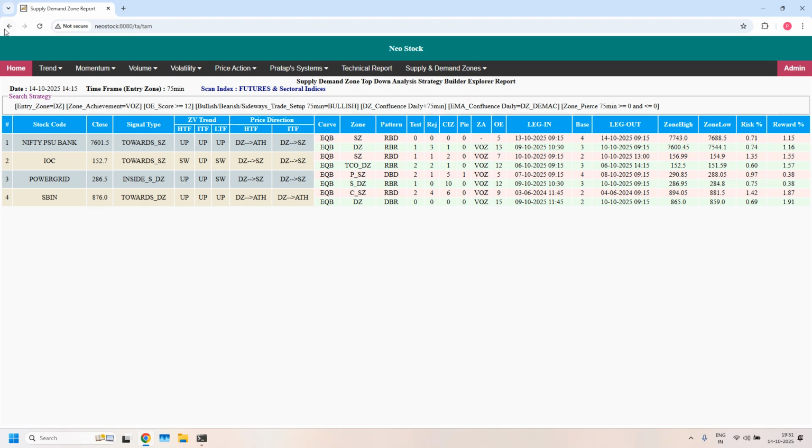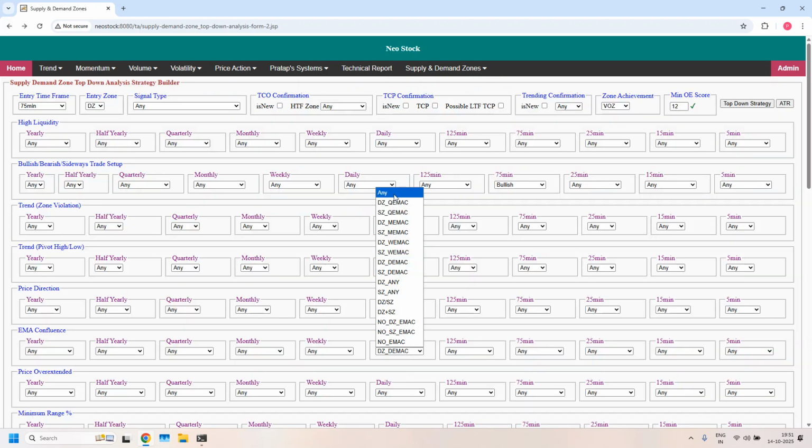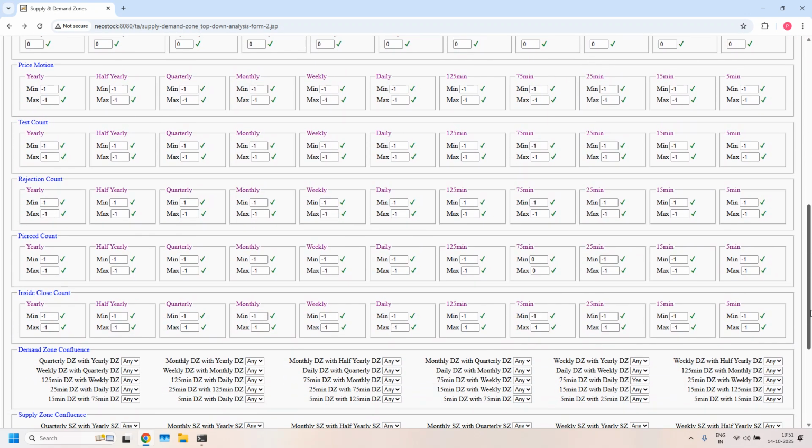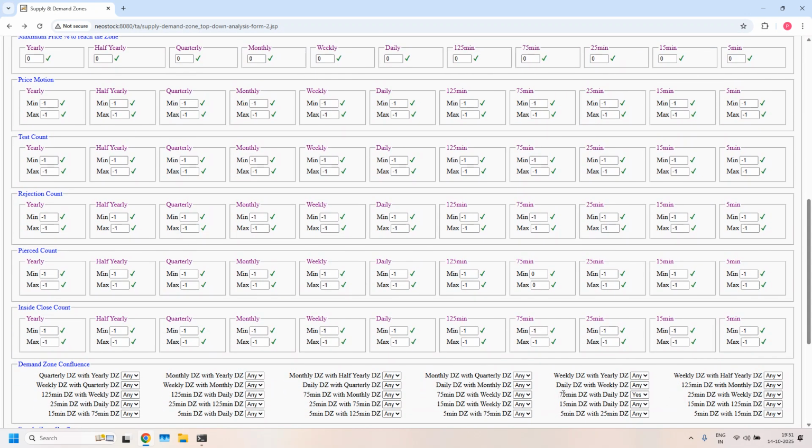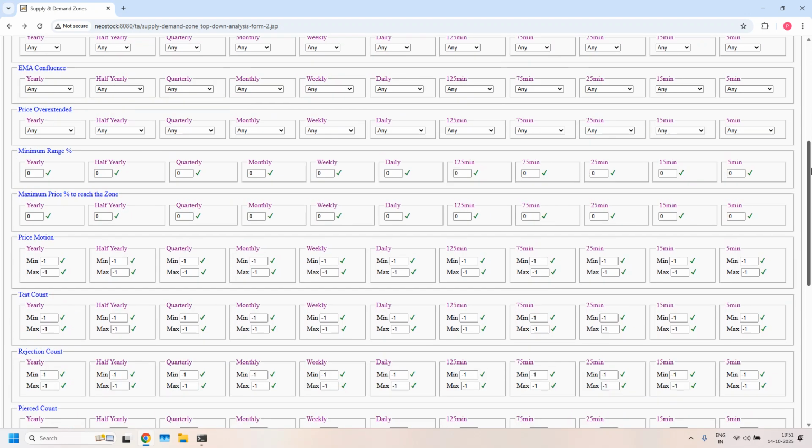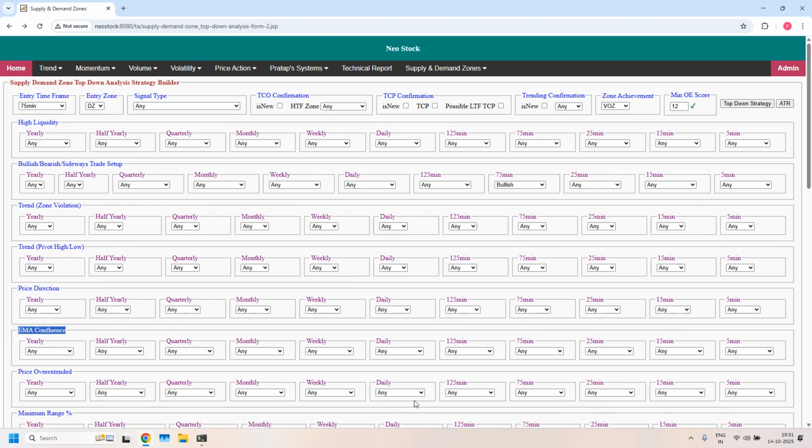Okay, as per the second strategy, I have to remove the ITF EMA filter. In the demand zone confluence, 3 filters I have to set: 75 minutes and daily, 75 minutes and weekly, daily and weekly demand zone confluence, and then EMA confluence, that is a weekly demand zone having weekly EMA confluence, and also trend on the weekly should not be sideways.